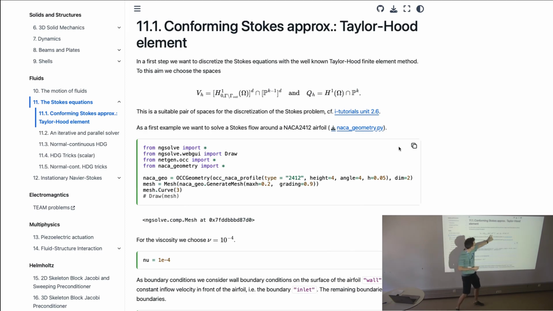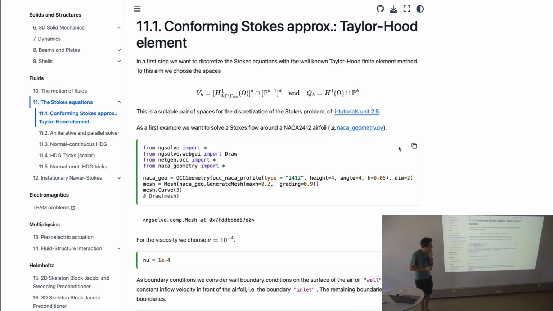So the velocity should be on Pk and the pressure should be on Pk-1. Because you want to have the higher regularity, so if you take the derivative of that, you want to have still enough degrees of freedom compared to what you have in the pressure space. Okay, anyhow, so Pk and Pk-1 should be the standard choice. Both continuous functions, so especially continuous pressures.